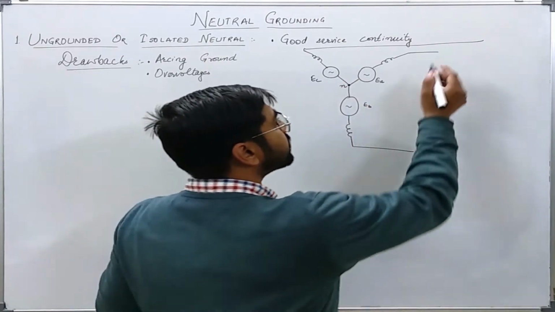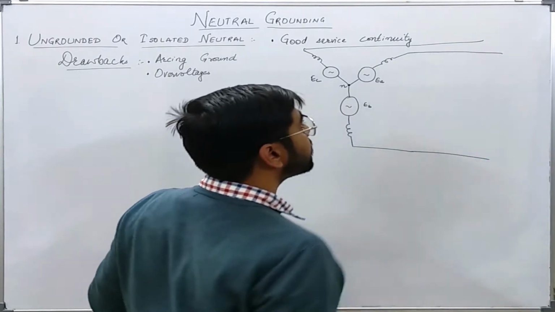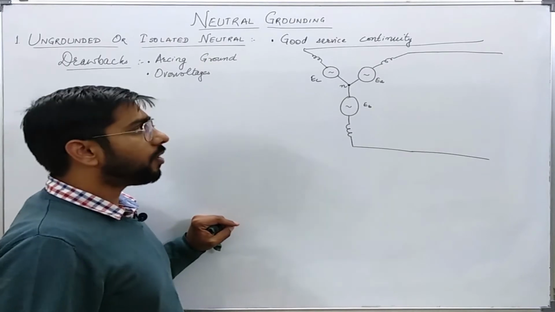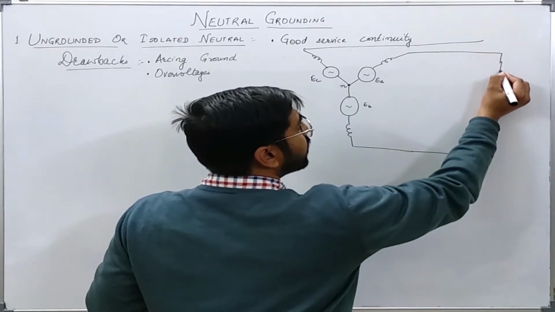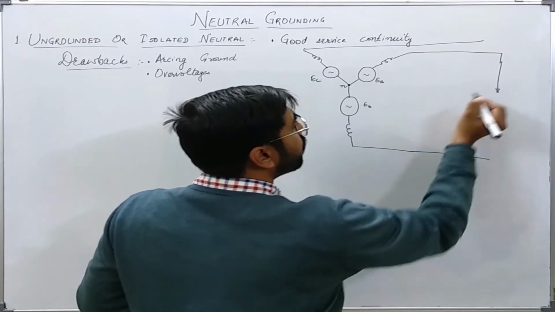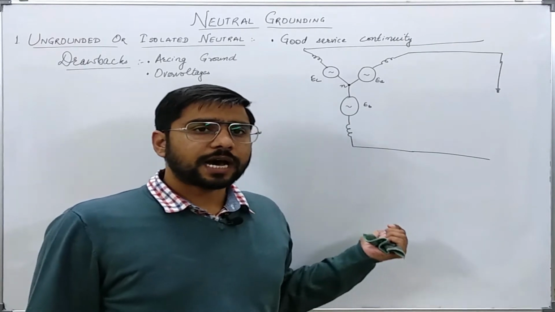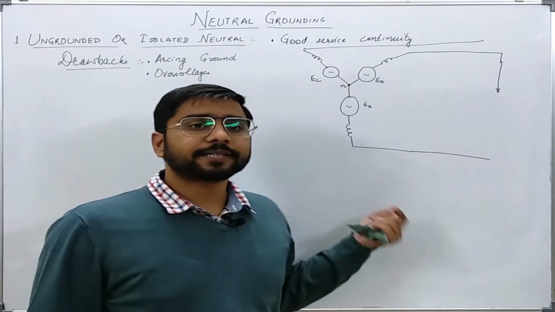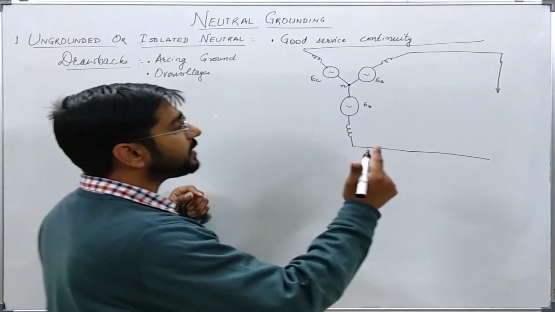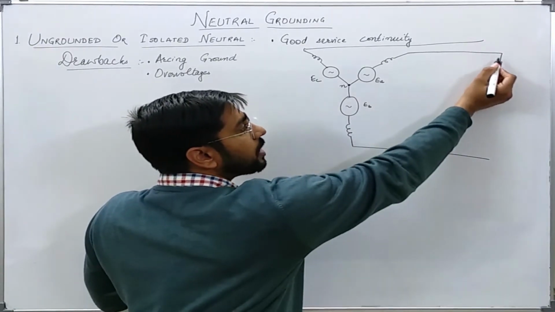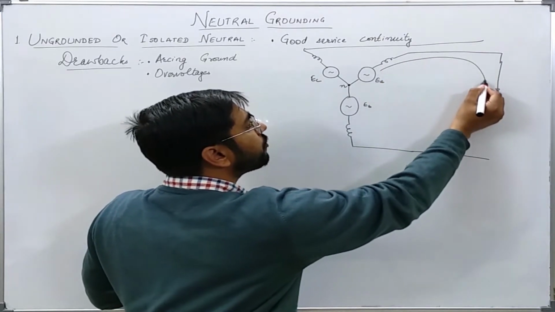Now let us assume a case that there is a line to ground fault on one of the phases. Let us say on phase A there is a line to ground fault. Usually line to ground faults are the highest in number which occur in a power system. So we will see that when this line to ground fault occurs on the system, there is no completion of the fault path.